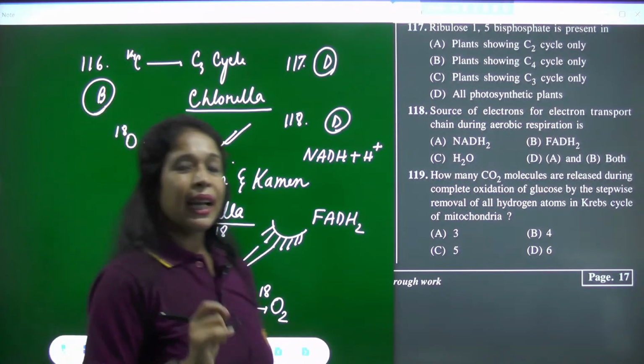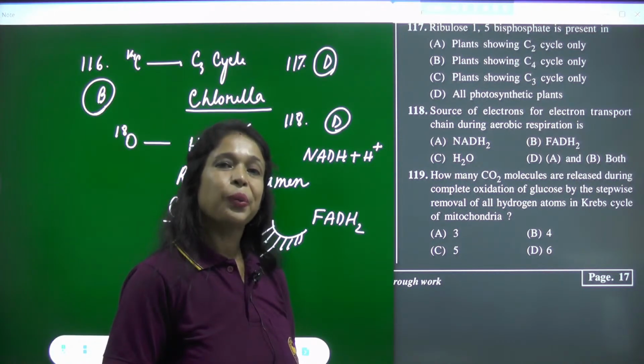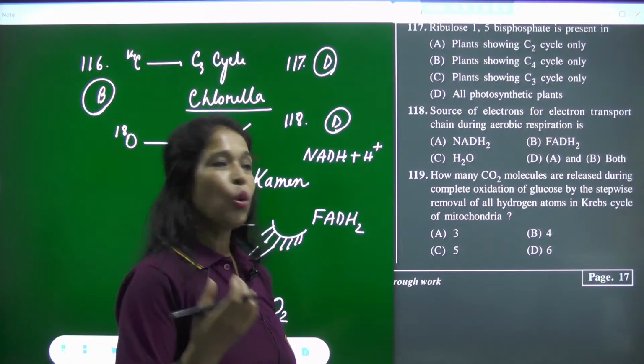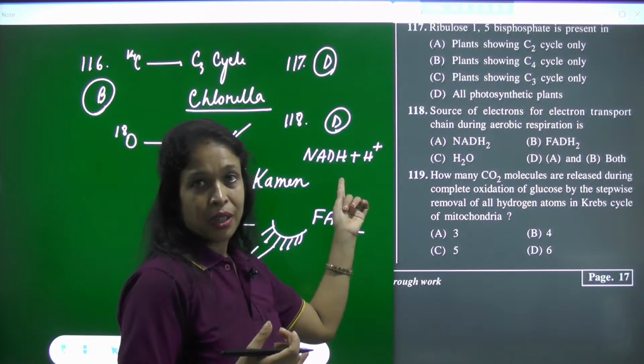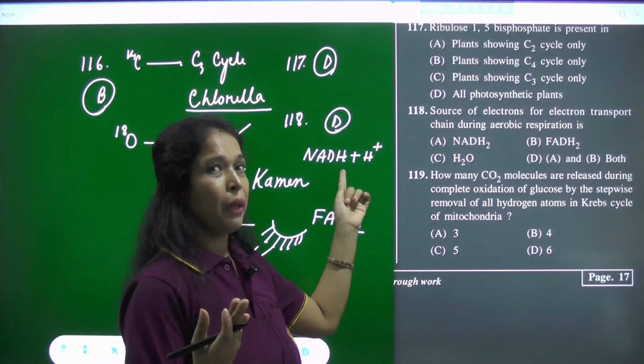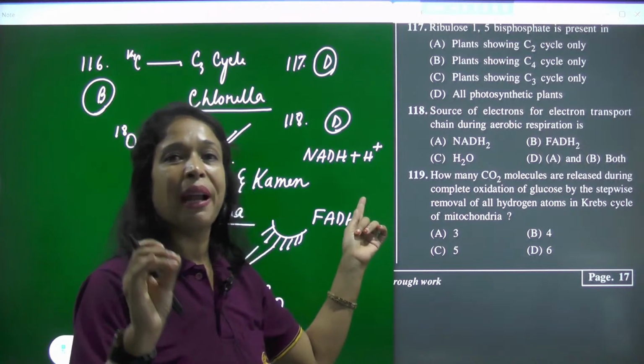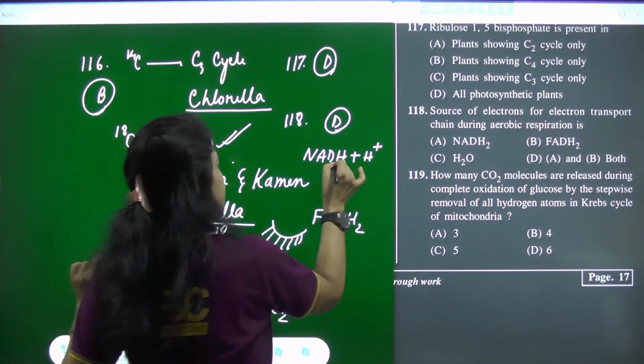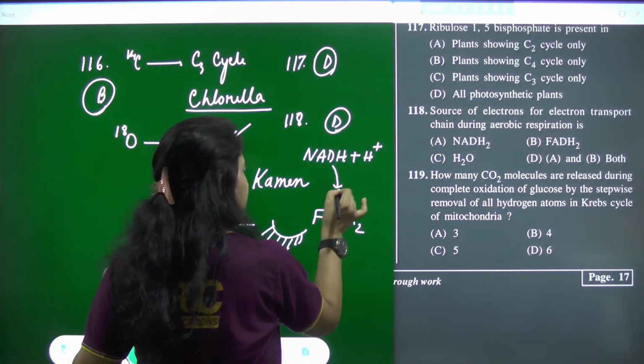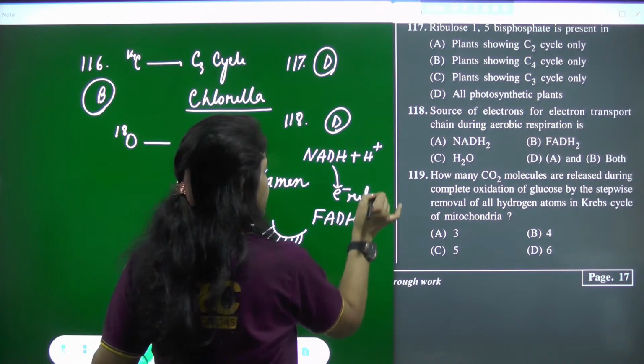Because during the electron transport system, what we know is that there will be oxidation of NADH by the complex 1. So, during the oxidation of NADH, there will be release of electron.